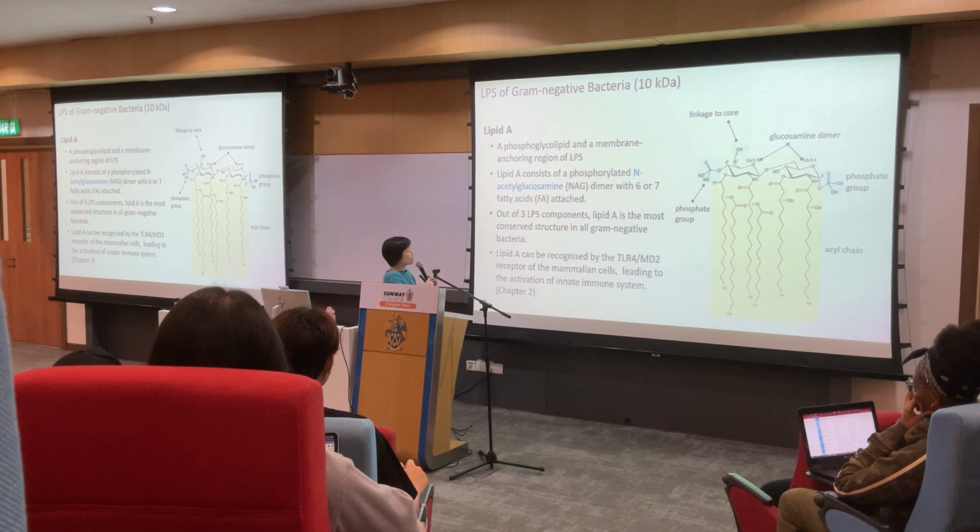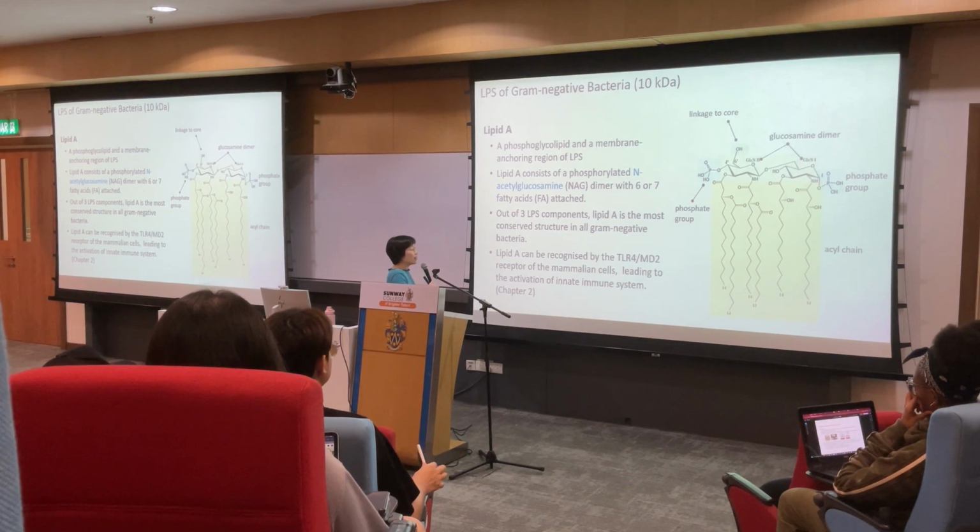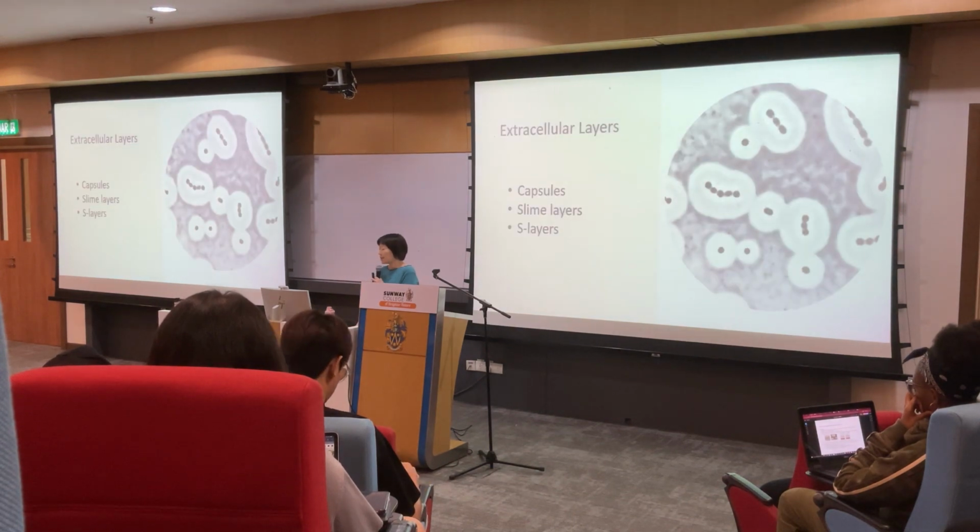A lot of cytokines are released, and the cytokine release further activates the production of immune cells. So it actually accelerates the inflammation. All right. So if you're clear about that, let's move on.